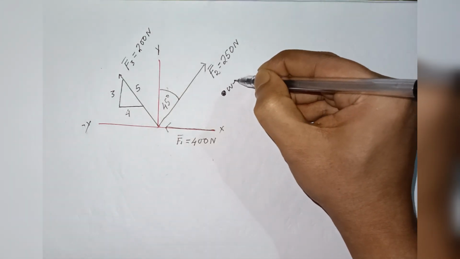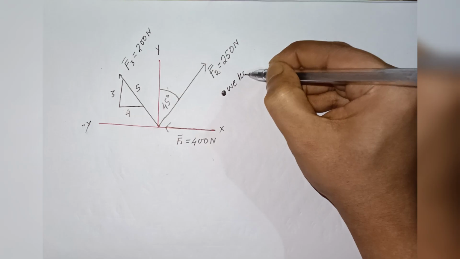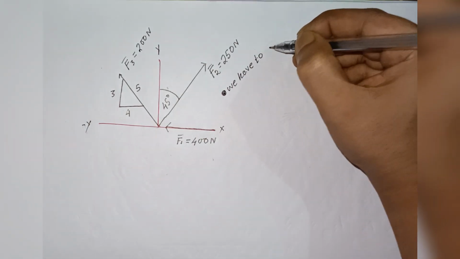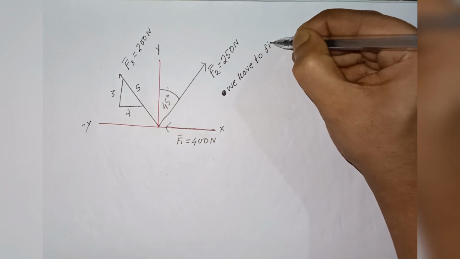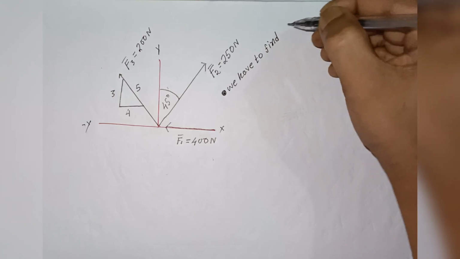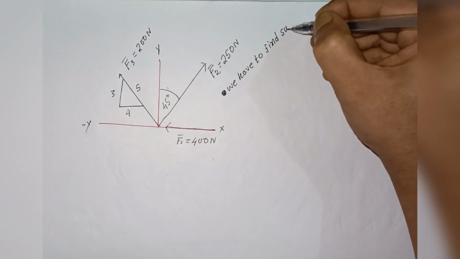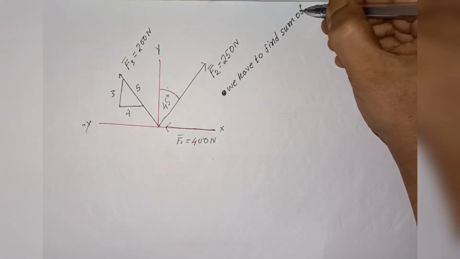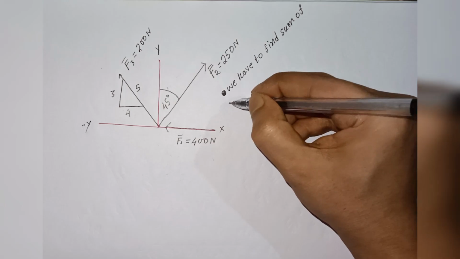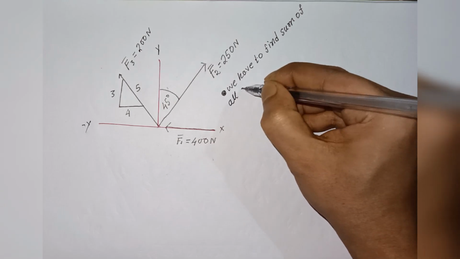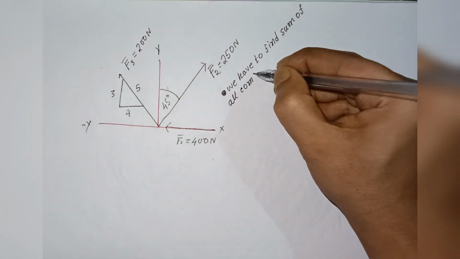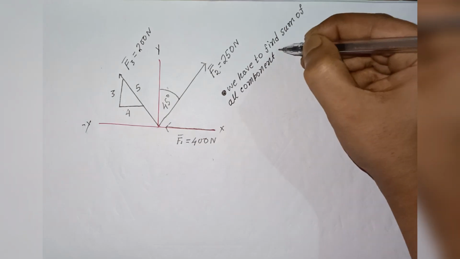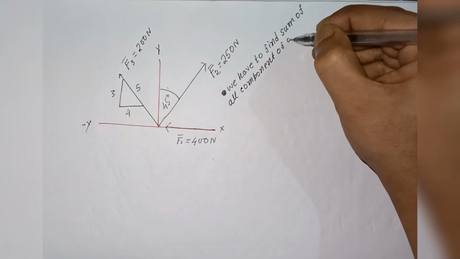First, we break the three forces into their x and y components, the x component for the x-axis and the y component for the y-axis. So please find the summation of all components of all given vectors along the x-axis.